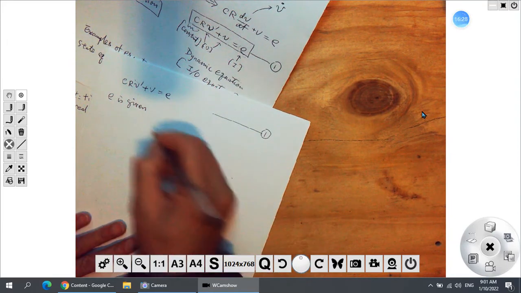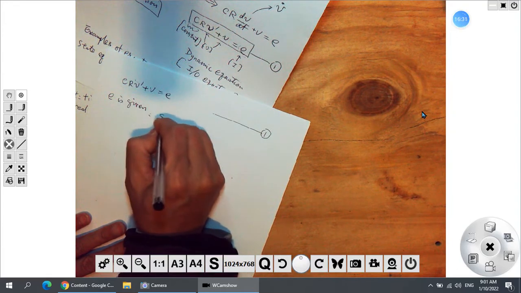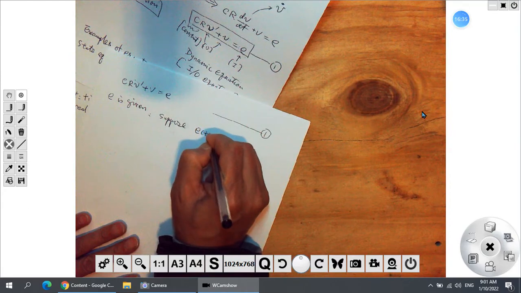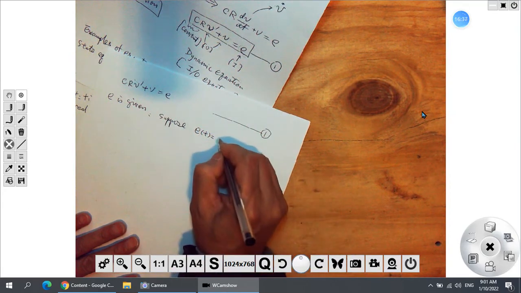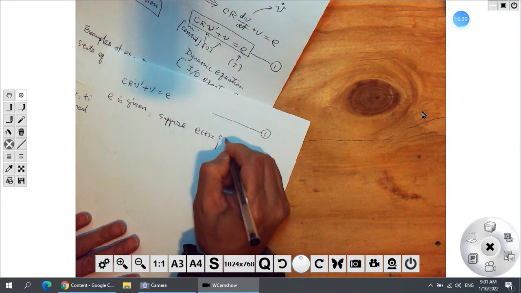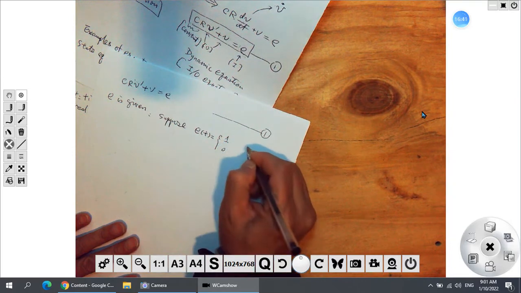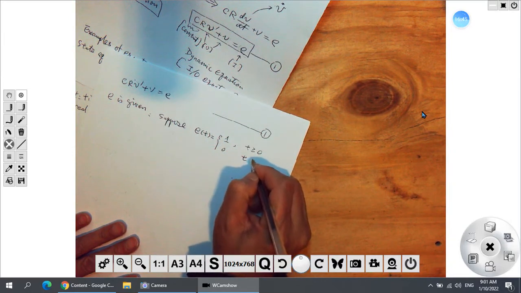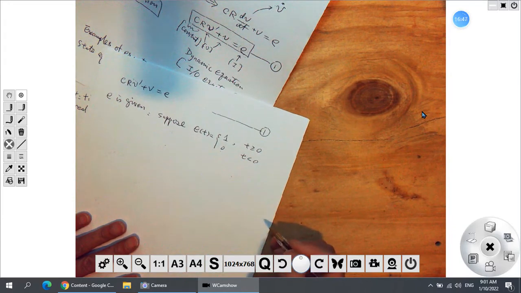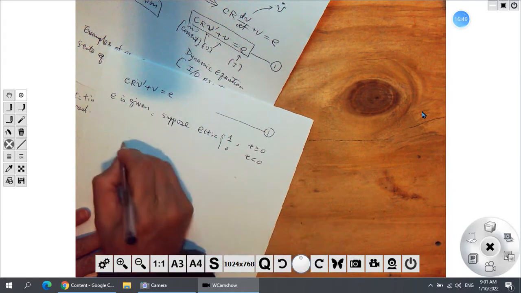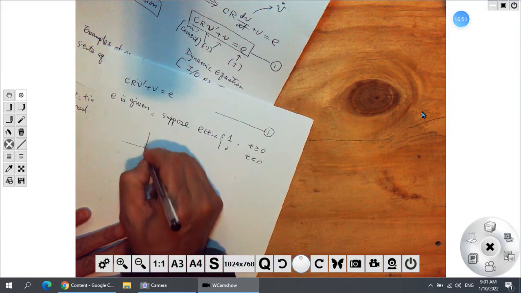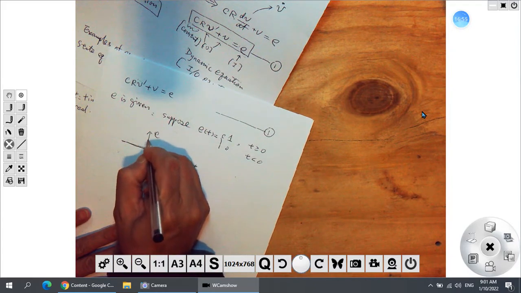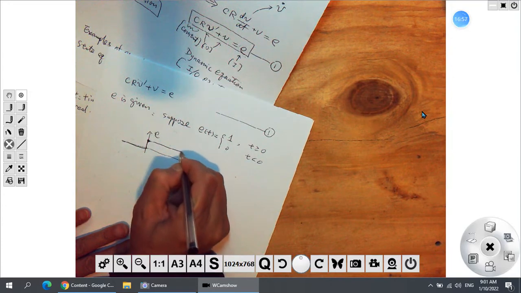Here we just suppose E of t is like 1 and 0: for t larger than 0, it is 1, and for t smaller than 0, it is 0. So E of t looks like this. This is t, this is E, its value is 0, 0, 0. Here it jumps to 1 and keeps being 1.